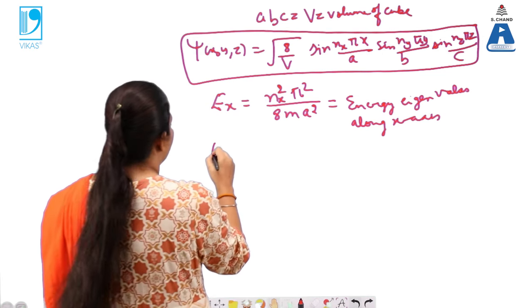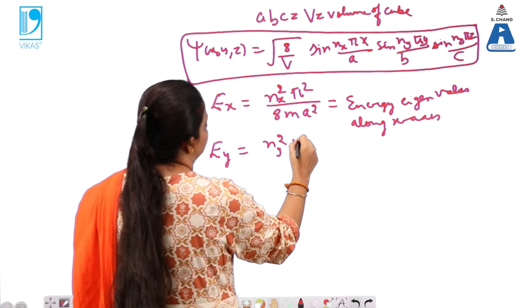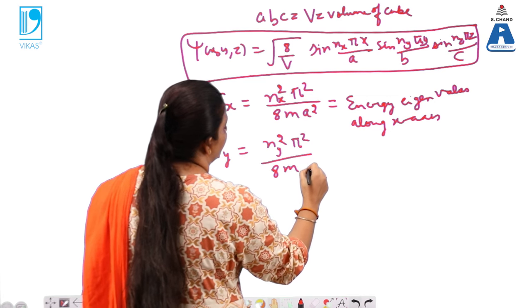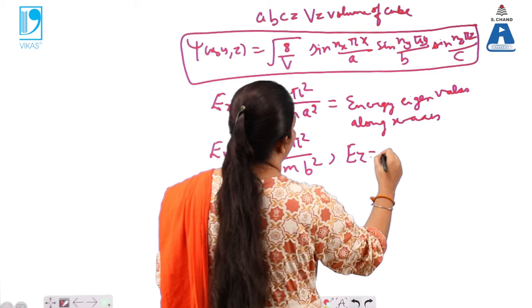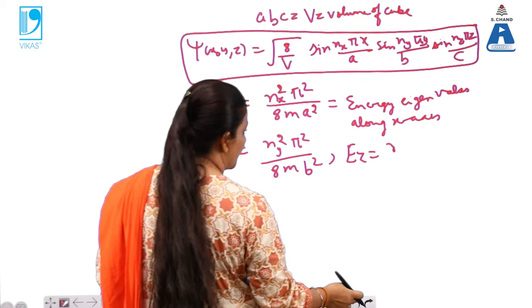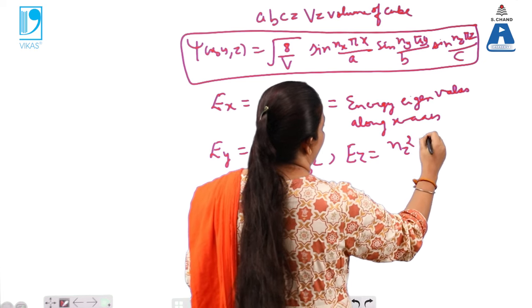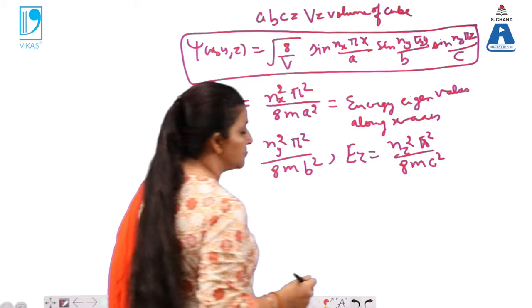In a similar way, Ey will be equal to ny square pi square upon 8m b square, and Ez will be equal to nz square pi square upon 8m c square.